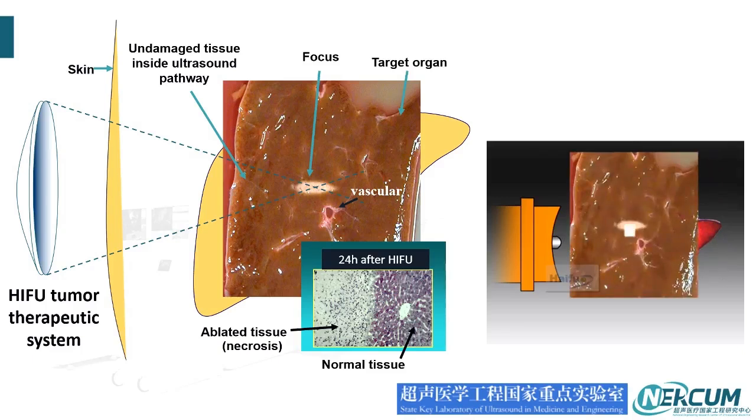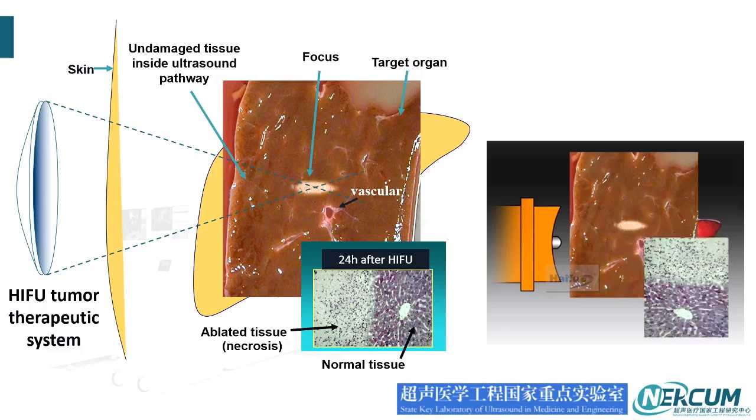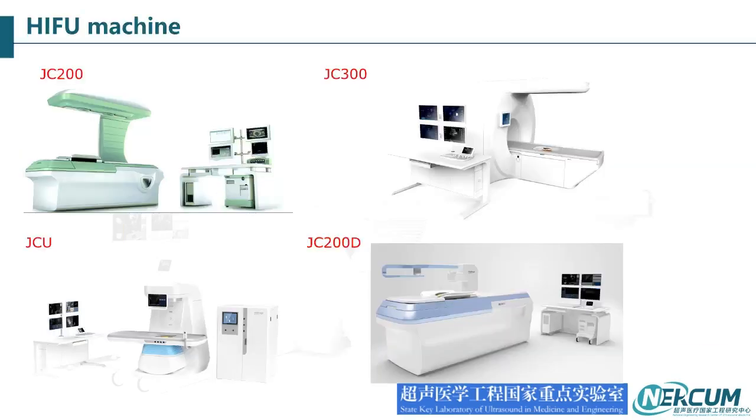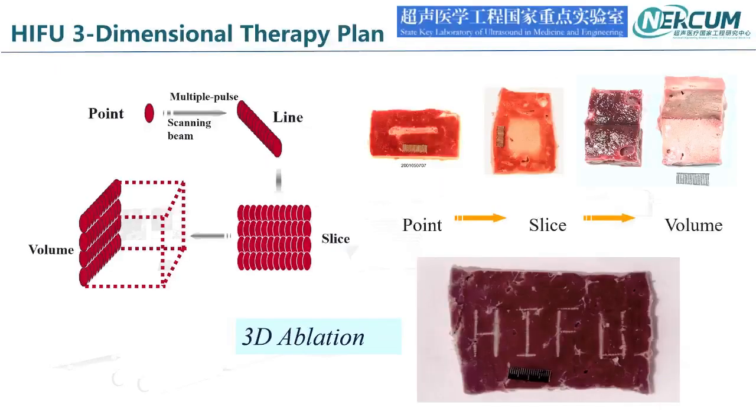It's just like using a scalpel to cut away the sick tissues, with a margin of about 50 microns. The core components are the ultrasonic imaging devices, and for dots, lines, or volumes, we can compare with other ablation methods.